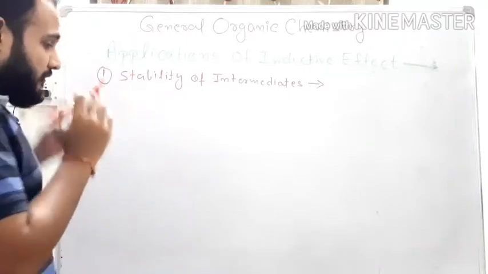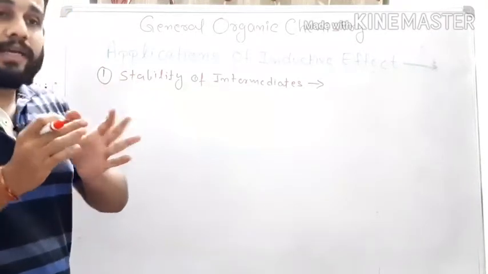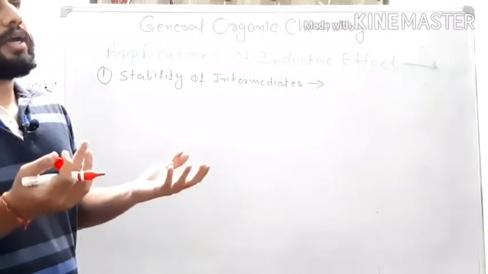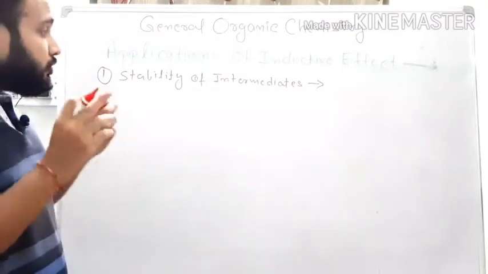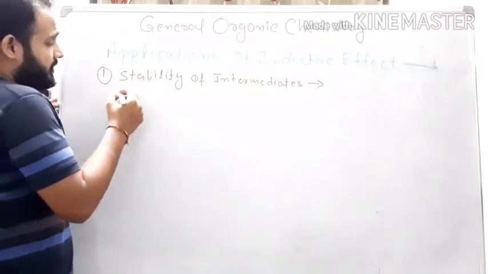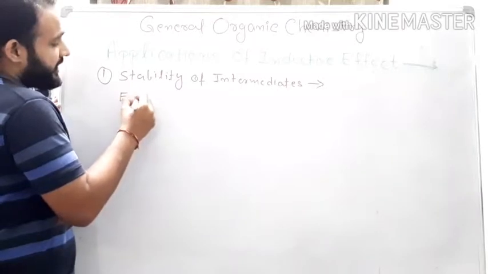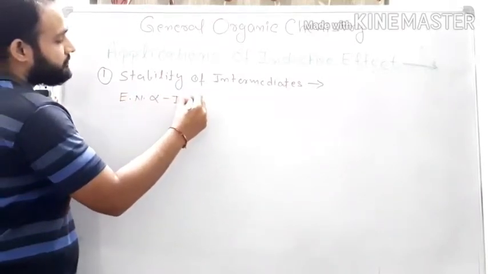Now friends, when we want to explain the stability of cyclic anions, cations, and alkane, alkene, alkyne cations or anions, you must know the concept that electronegativity is directly proportional to minus I effect.